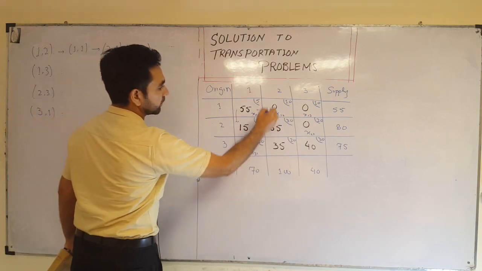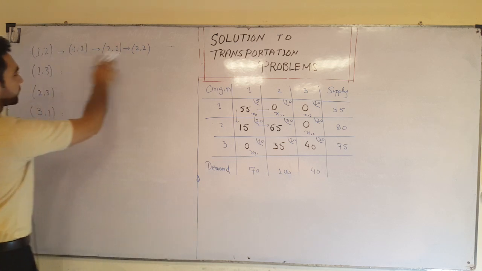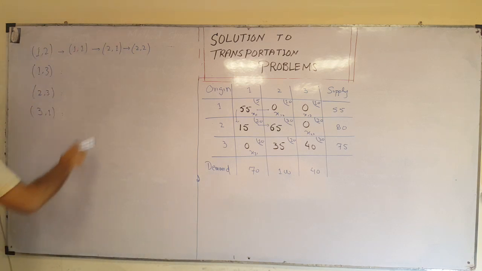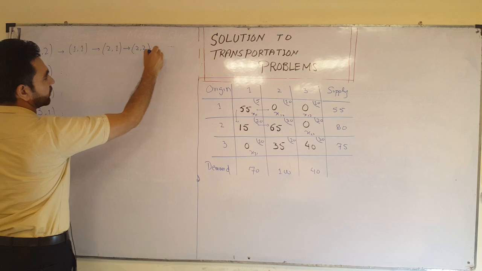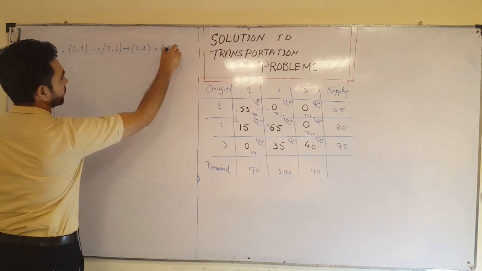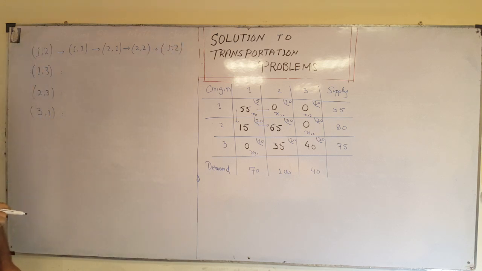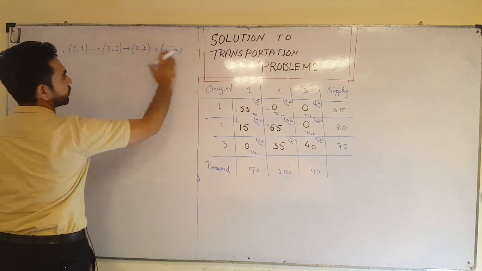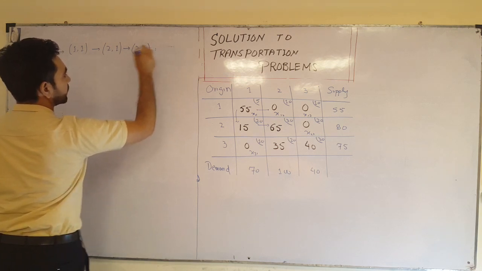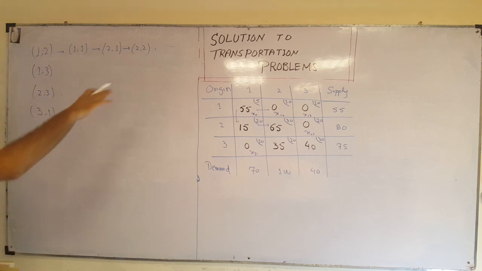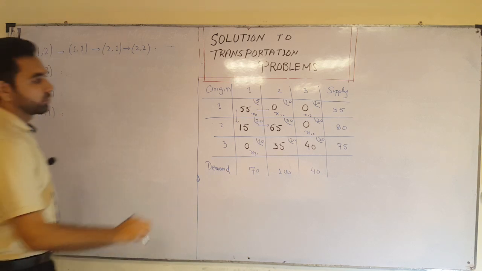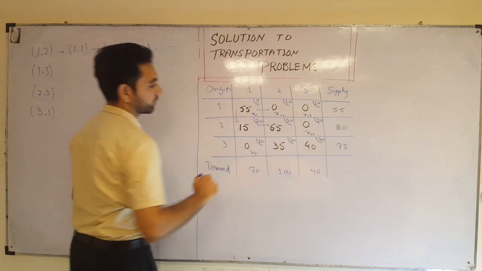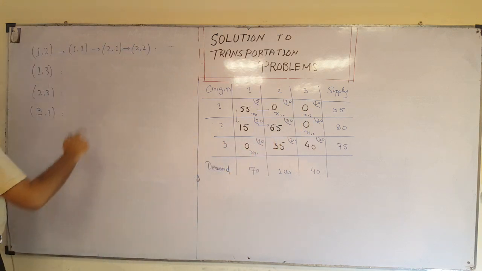And from 2 2 again to 1 2. So this is a closed loop. You are back to 1 2. This is called one closed loop. Now you have to find all the closed loops for all the non-basic variables. So this is the first one.